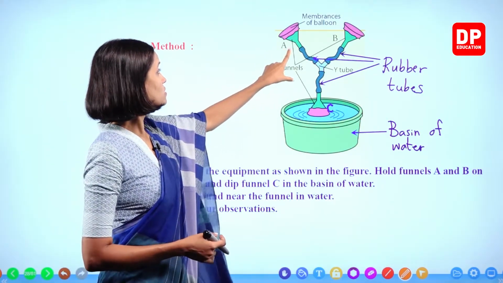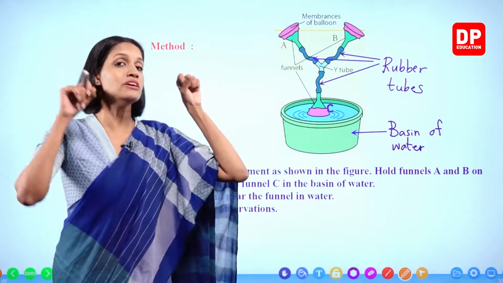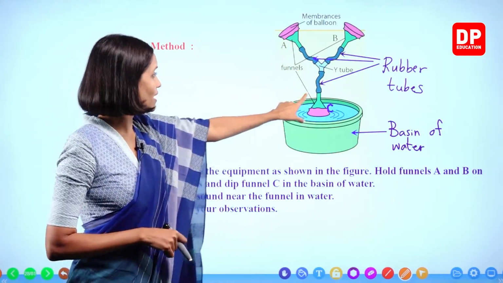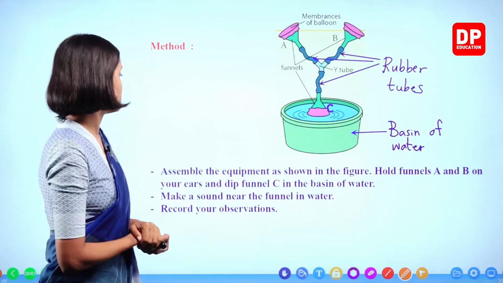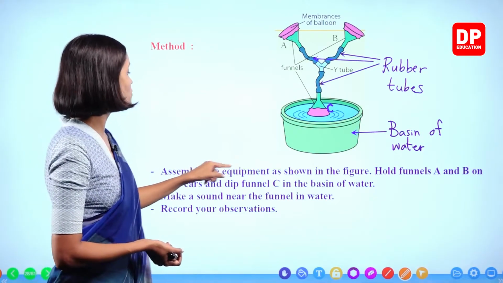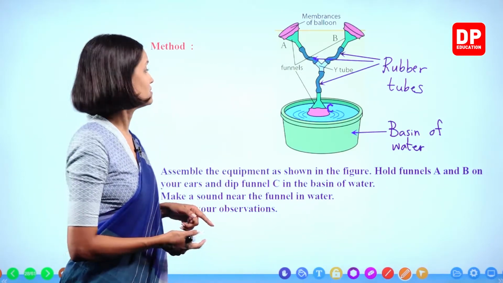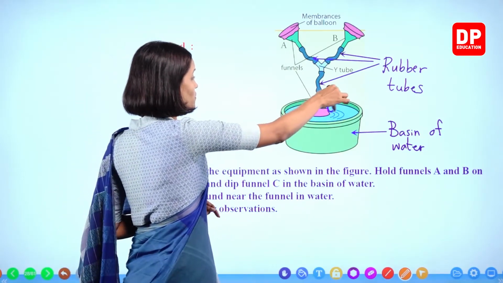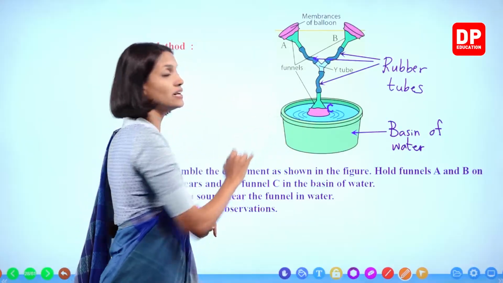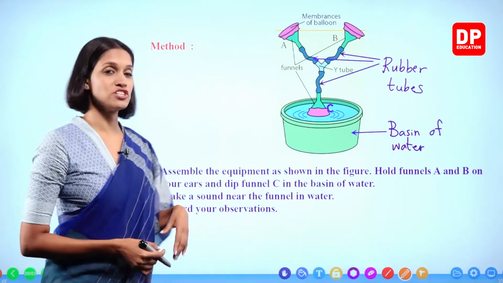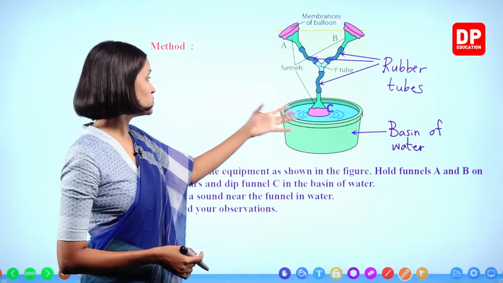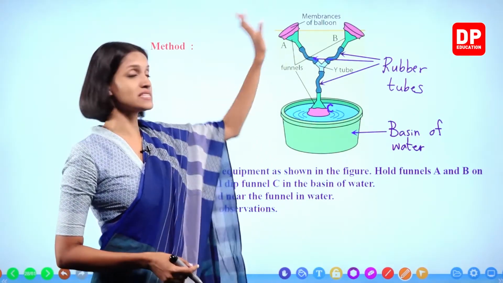You have to keep these A and B funnels on your ears and immerse, so dip this C funnel in water. Right? Make a small sound in water near the funnel C. Right? Record your observations. Actually, you have to check whether you can hear this sound through this setup.